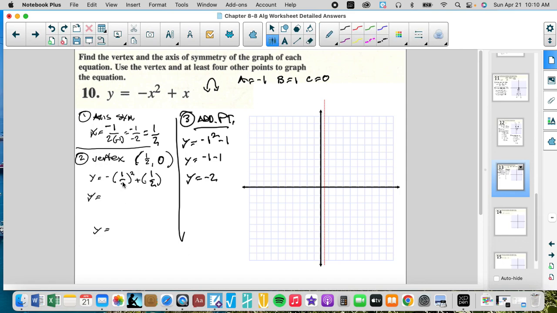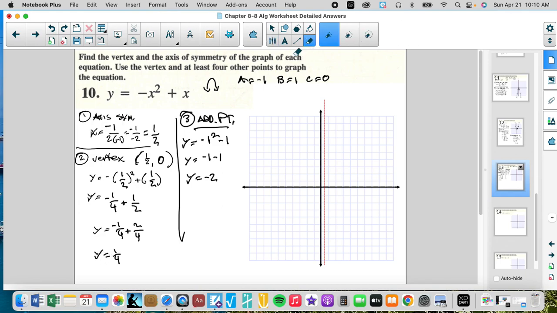I mean, I'm very open in saying that we definitely make mistakes here. So that is negative 1/4 plus 2/4, which gives us 1/4. So we get 1/2, 1/4. So 1/2, 1/4.